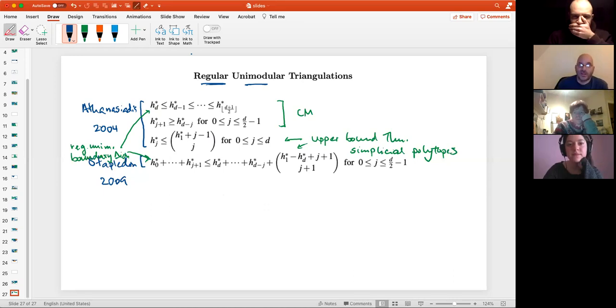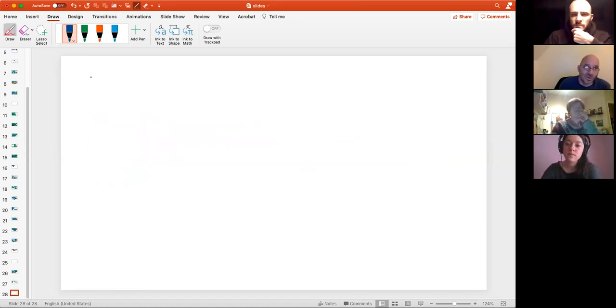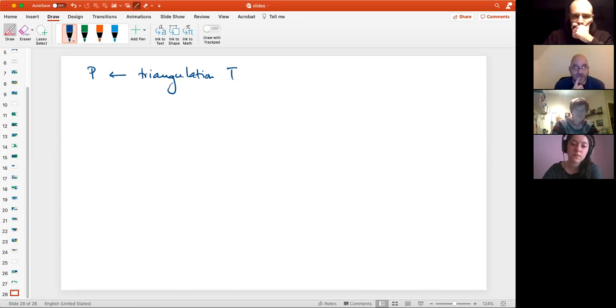Okay, this seems not fair, right? Most polytopes don't come with a unimodular triangulation, but we know every polytope comes with a triangulation. So we know P comes with a triangulation, and we also know that if I have a lattice polytope, I can make this a lattice triangulation, so my simplices are lattice simplices.